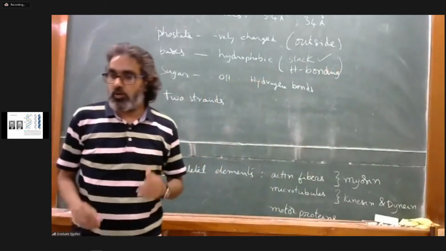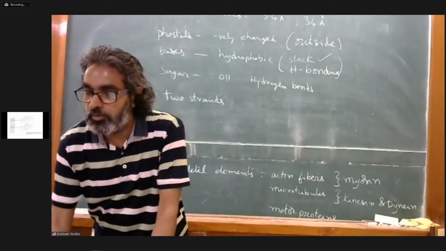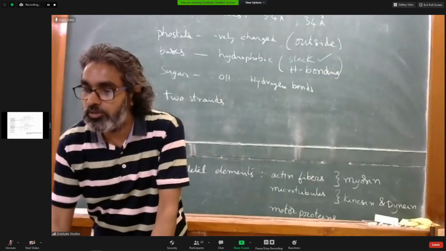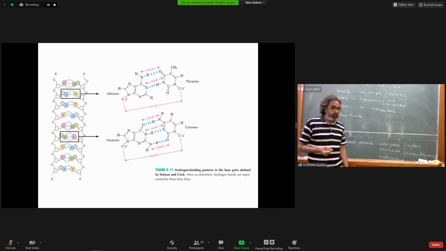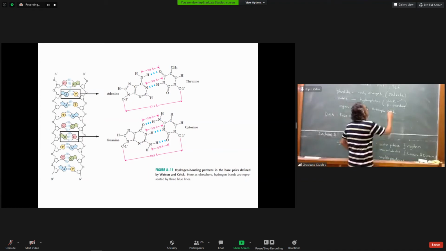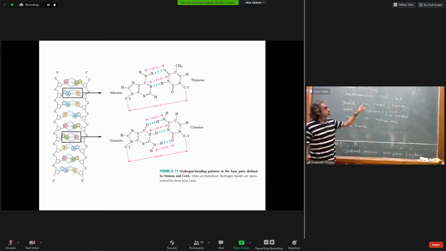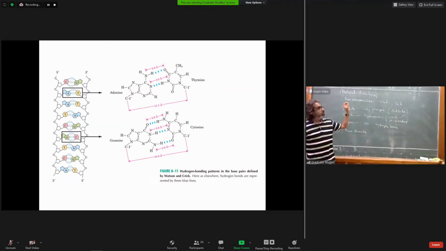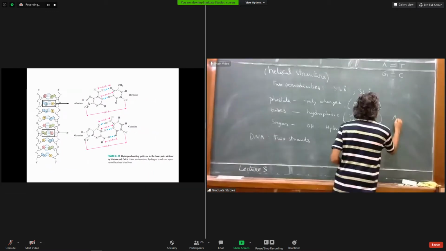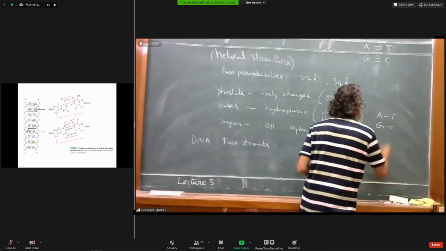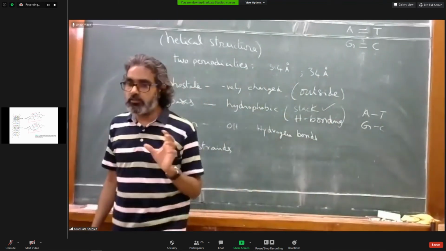Then of course they had to think about which base pairs with which base, and here the concentration principle, that A equals T and G equals C, comes in handy. It says you have exactly the same number of A and T, and exactly the same number of G and C. So this equivalence means that A and T are interacting, and G and C are interacting, because somehow nature conserved this concentration.